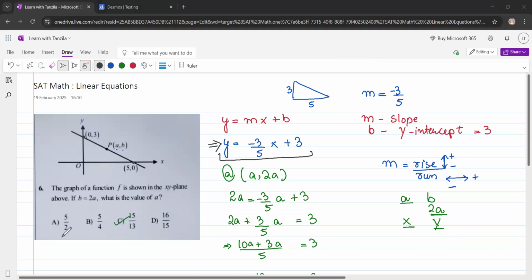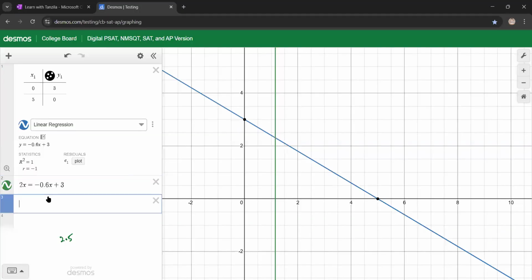Now go to the question and see which one is almost 1.15. See, 5 over 2 is almost 2.5. 5 over 4 is 1.25, not your answer. Then you will check 15 over 13. Okay, that is your answer.